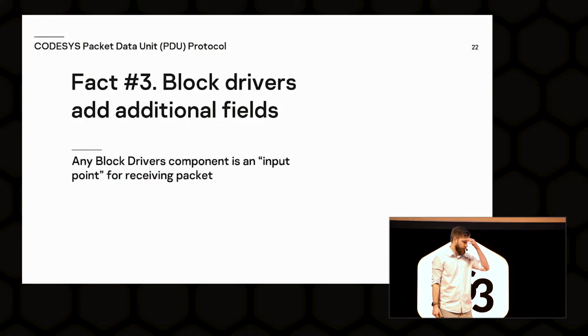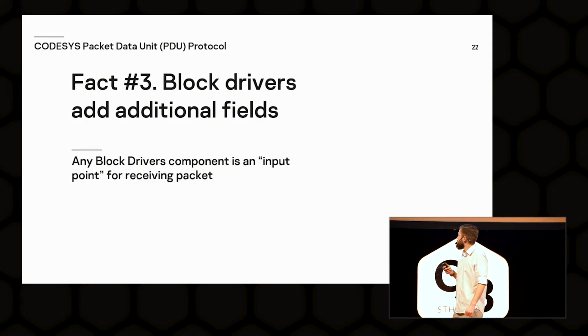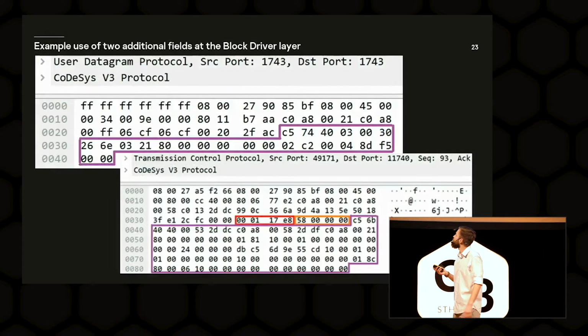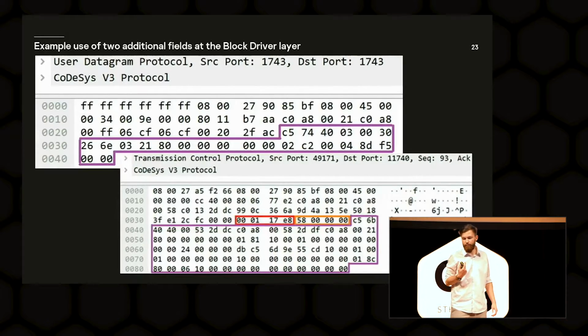So, as I said before, the first layer is the block driver layer, and here's one interesting thing: the block driver component is a kind of input point for incoming messages and output point for outgoing messages. And some of these components, for example the block driver component for TCP, add additional fields to the packet.